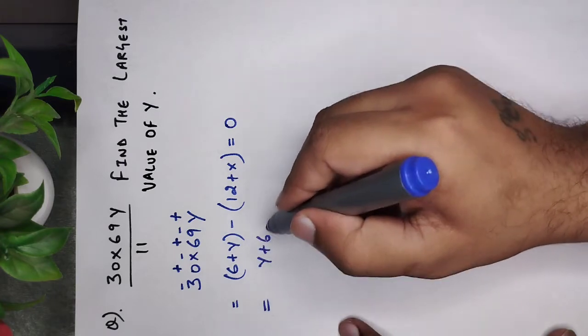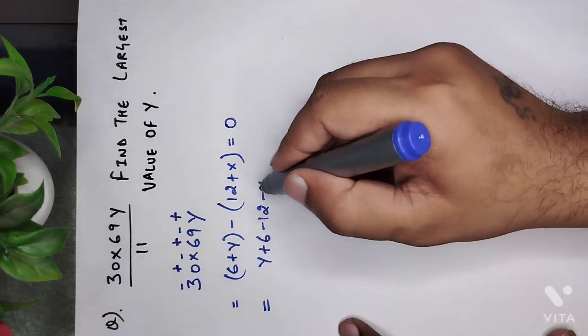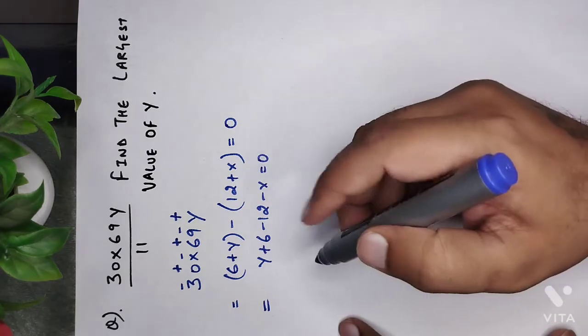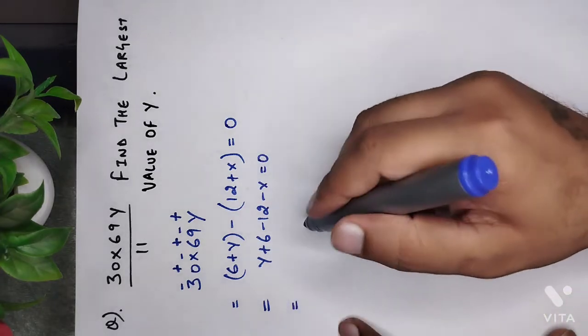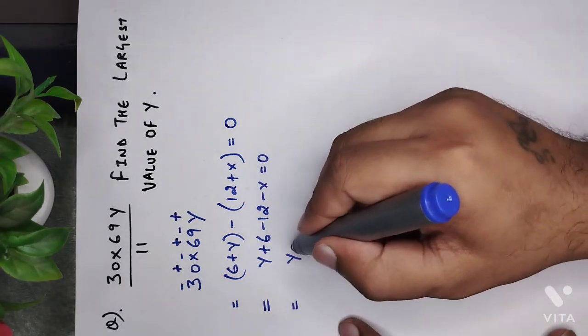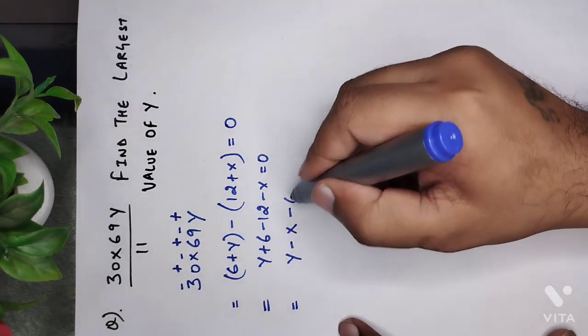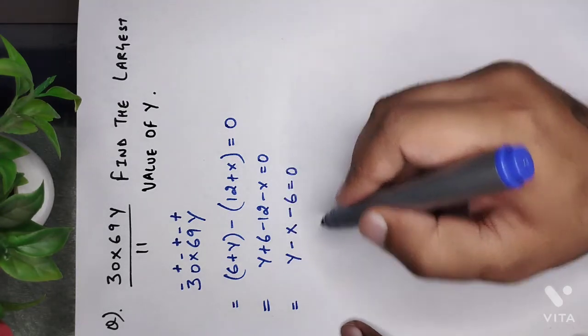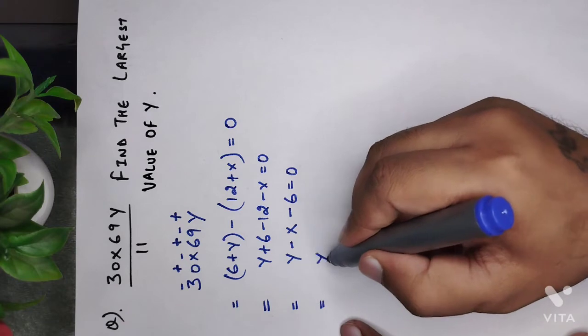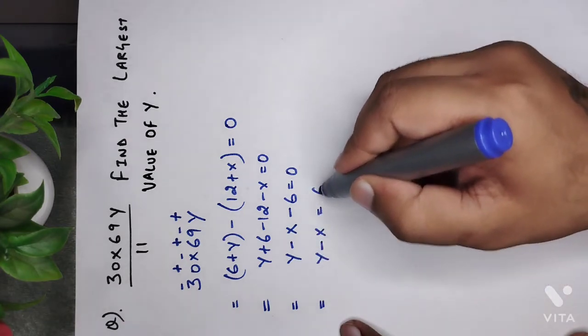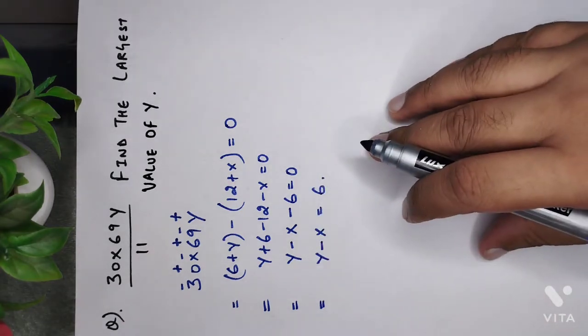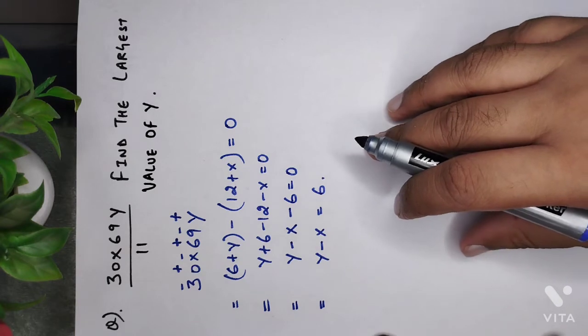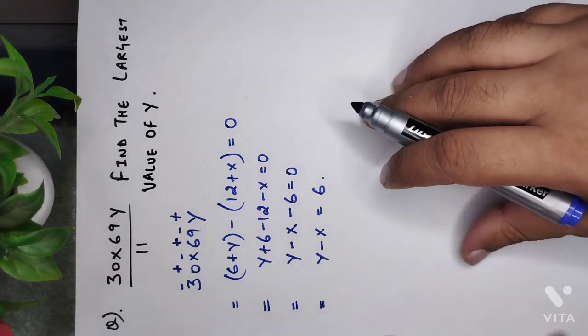So this is y plus 6 minus 12 minus x is equal to 0. Now I can further write this as y minus x minus 6 is equal to 0, or we can write this one as y minus x is equal to 6. Now as the question is based on, we have to find the largest value of y.